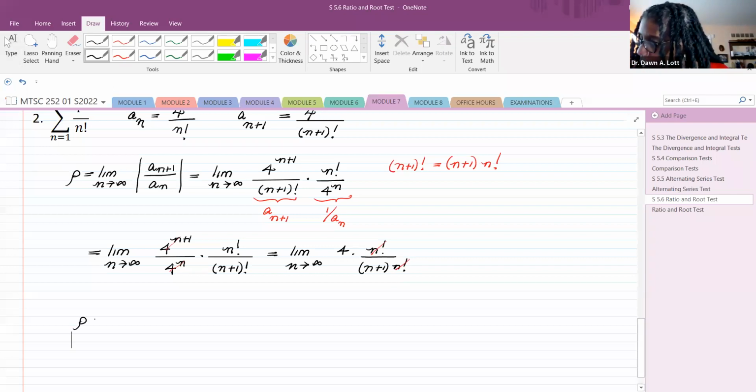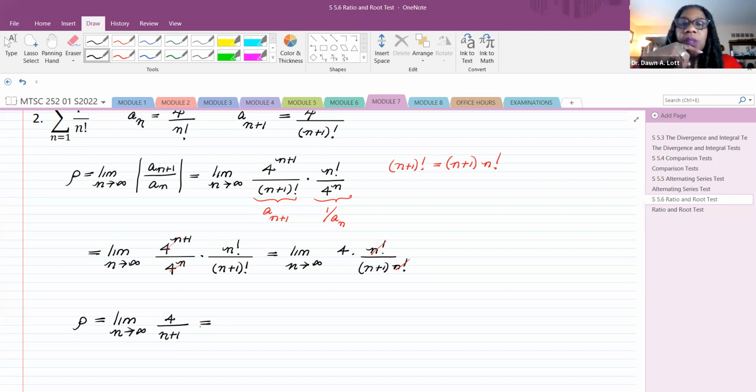So I get rho is equal to the limit as n approaches infinity of 4 divided by n plus 1. And what is that limit? As n goes to infinity, what is that limit? Four over infinity. Yes.